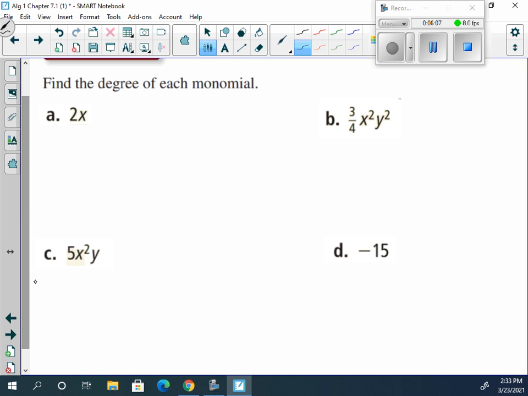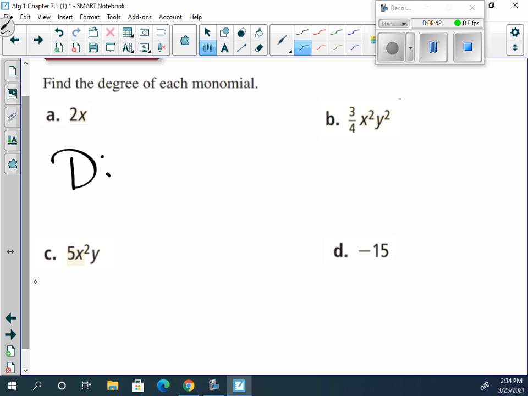Here, I'll give you another one. This one's a little bit easier. How about the degree of 2x? Because this one here is a little bit nicer than -3. So we do have a variable this time, don't we? So it can't be 0, because if it is a number by itself without a variable, then it would be 0, yes.